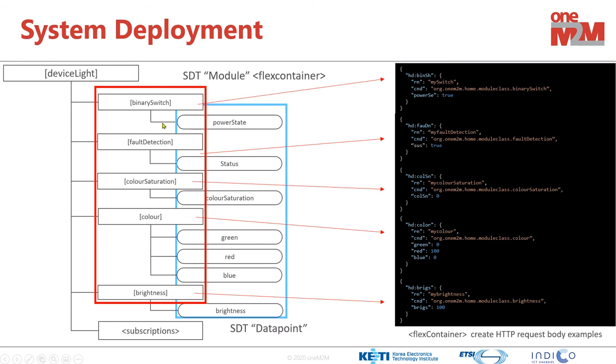Each module class defines many data points, or some are action points, but these are just a couple of properties that we chose for the implementation. So for example, binary switch can be represented in JSON like this. The container definition is the binary switch as the module class, and it has the power state and the other.